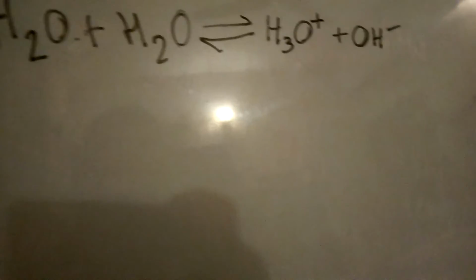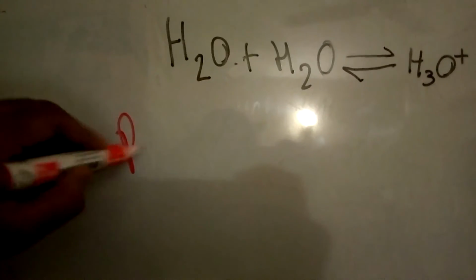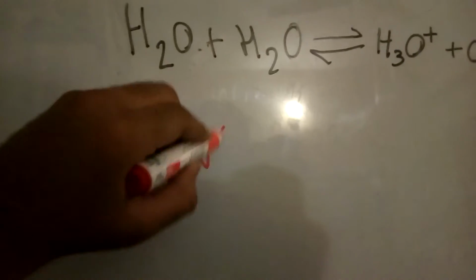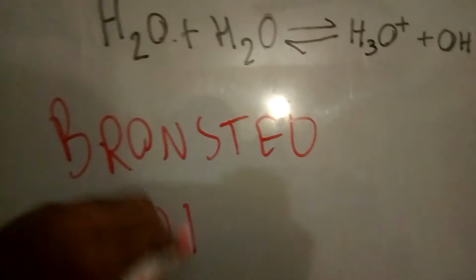Now how does it give off this? Well, we have to use the Bronsted-Lowry theory.